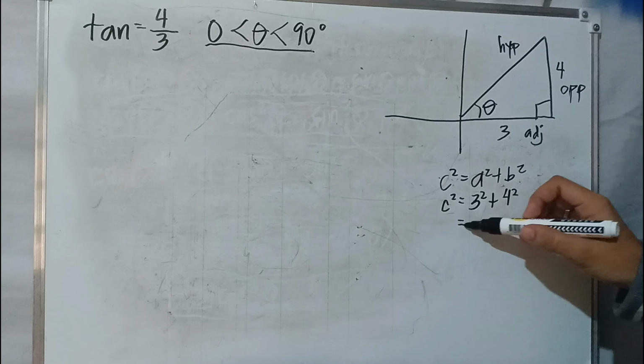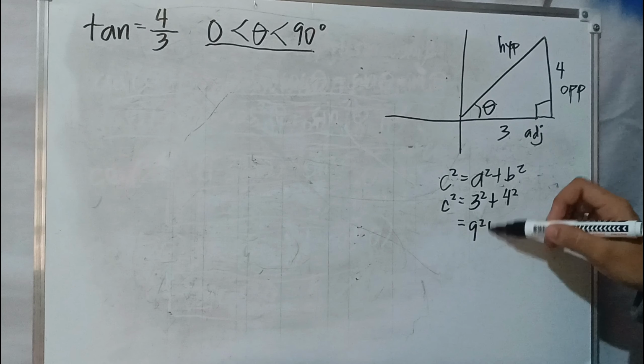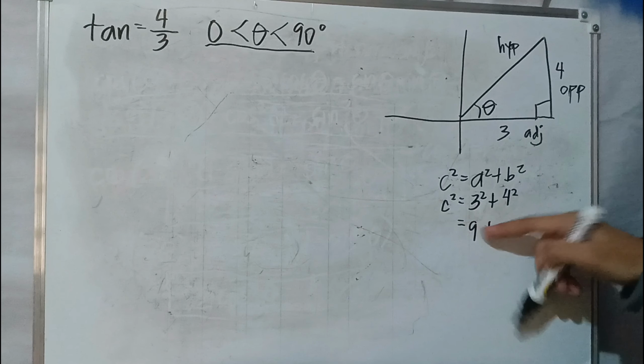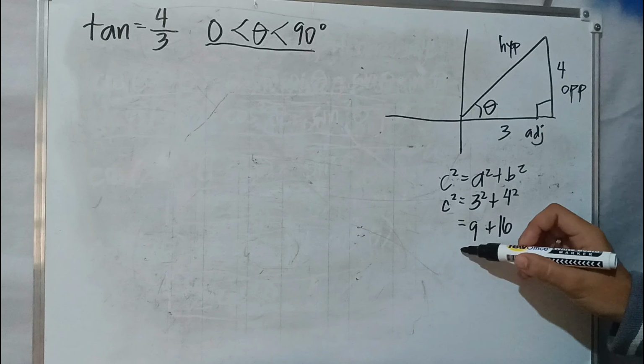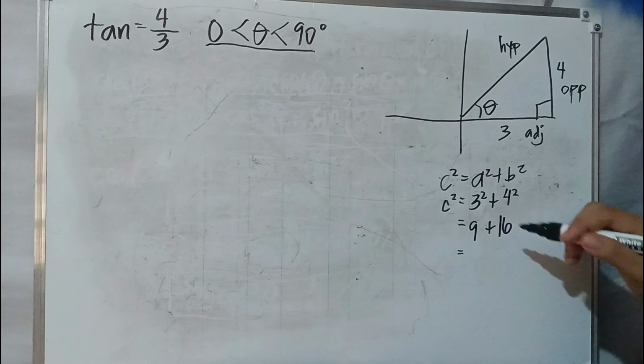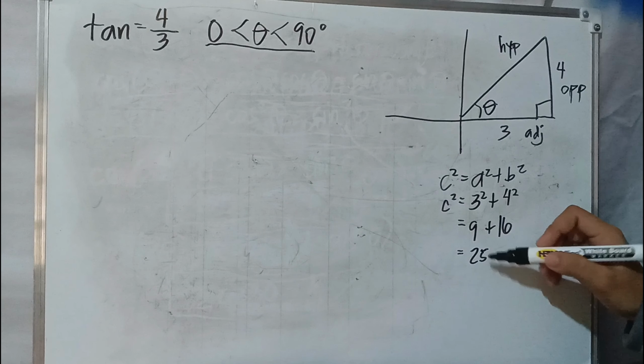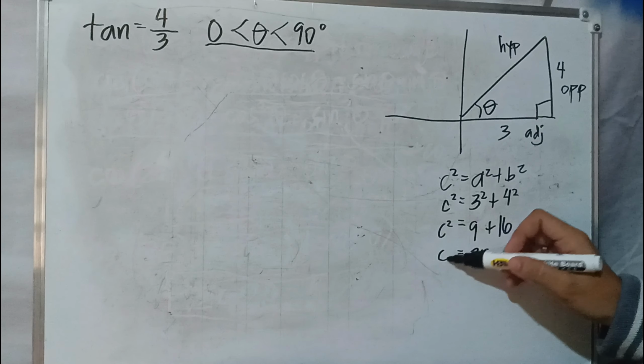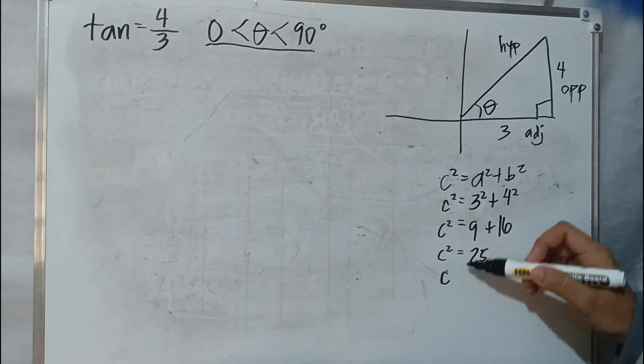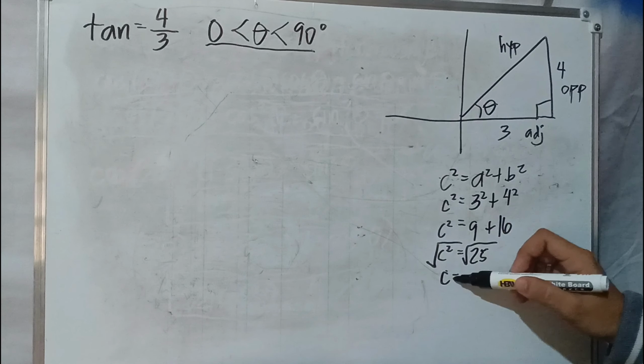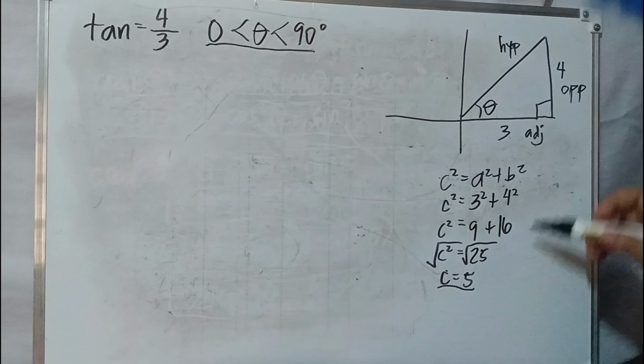So, 3 squared is 9 plus 4 squared is 16. So, 9 plus 16 is equal to 25. And square root both sides. So we have 5 as the hypotenuse.